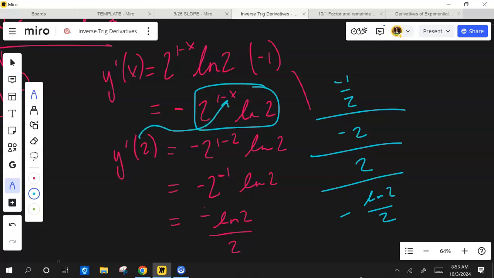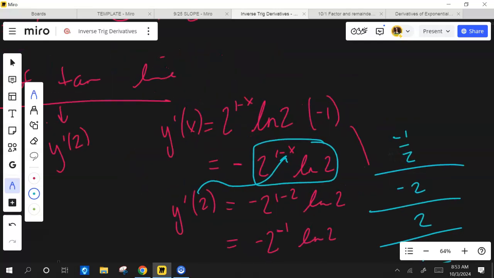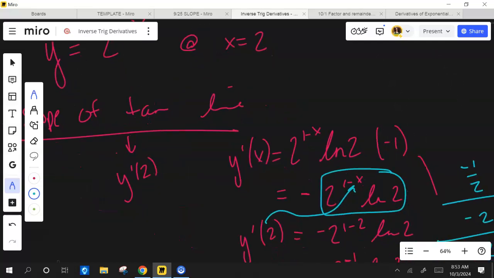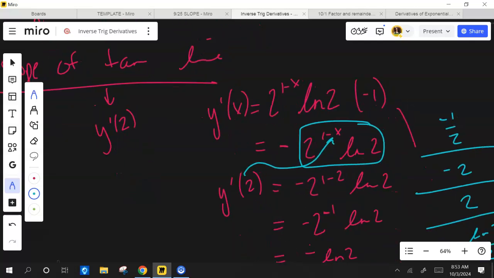And then I ended up with negative Ln over the 2, so you use this one, and then I used the a to the x equation. I didn't take the derivative again. The derivative of a to the x is a to the x times natural log of the base. If I plug the 2 in, 1 minus 2 is -1, and that makes it into a fraction.